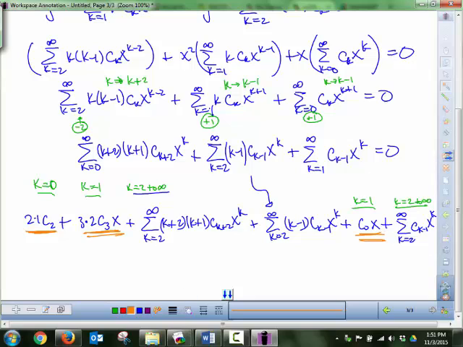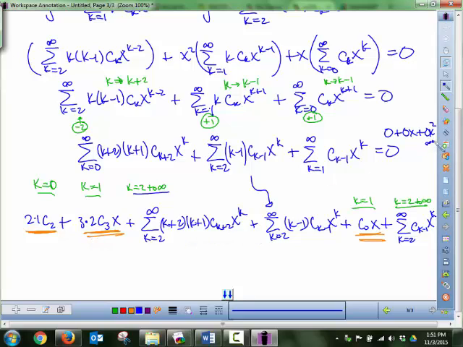Remember that I want this to equal 0: constant 0, 0 times the linear, 0 times the quadratic, etc. So I'm going to set these coefficients all equal to 0.